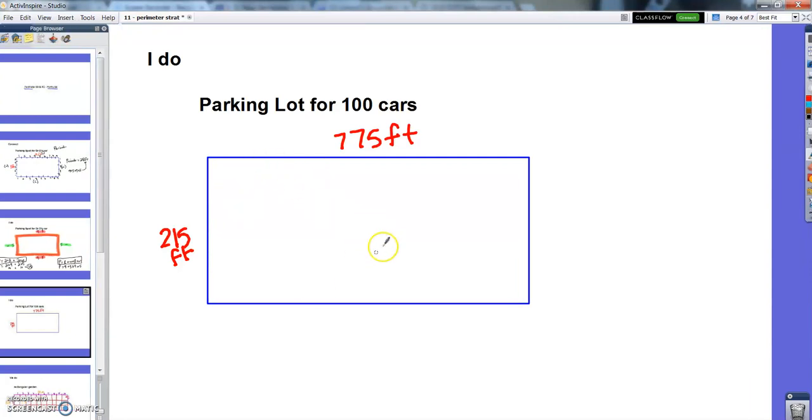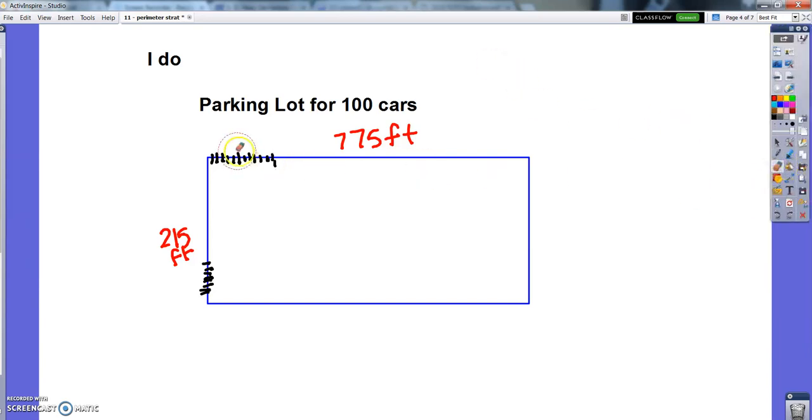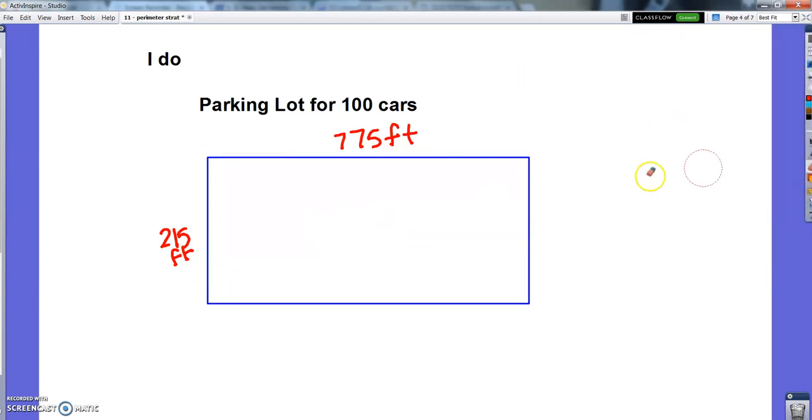The tiling strategy is not very practical here. I have no interest in partitioning this into 775 feet in this parking lot, and this into 215 feet in my parking lot. Totally impractical. So sometimes the formula strategy is necessary because your rectangle is just too big. So in this case, I'm really going to need my formula strategy.